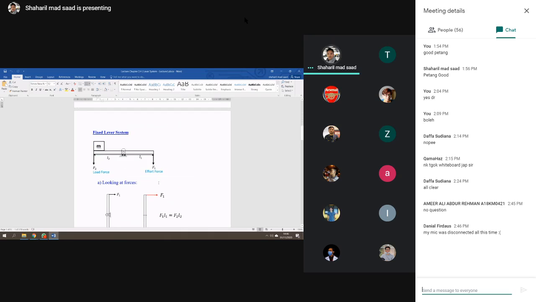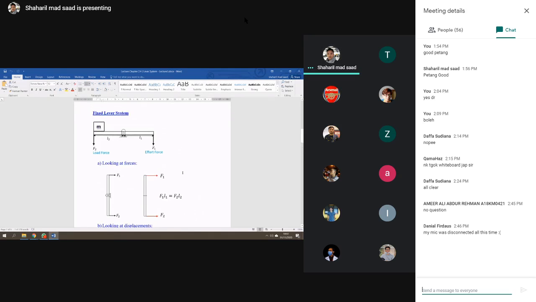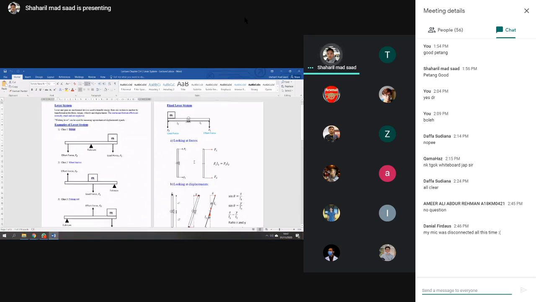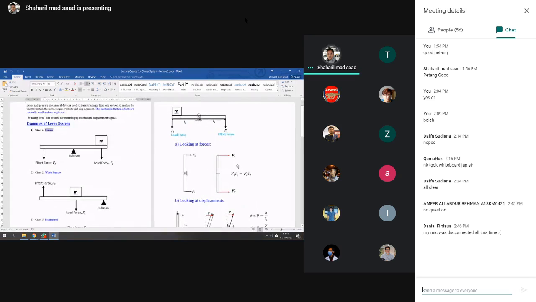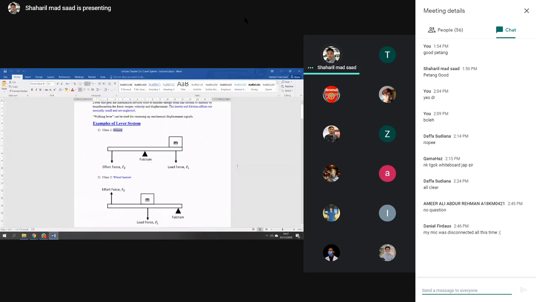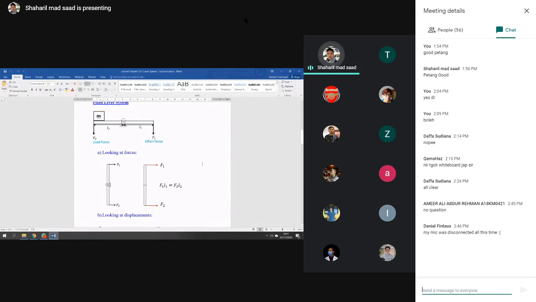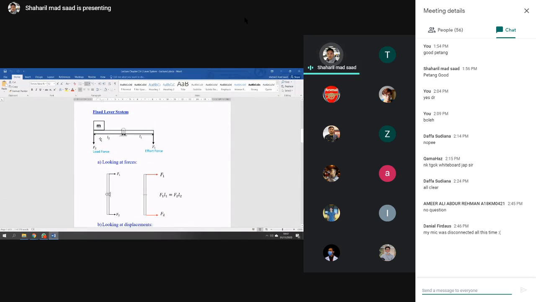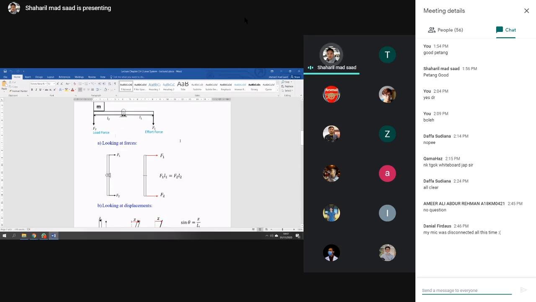For the fixed lever system, there are certain parameters that you need to look at. For example, in this fixed lever system, you have the mass here, and the mass will produce the force F2, for example the load force. Then you need some effort to pull the mass up.